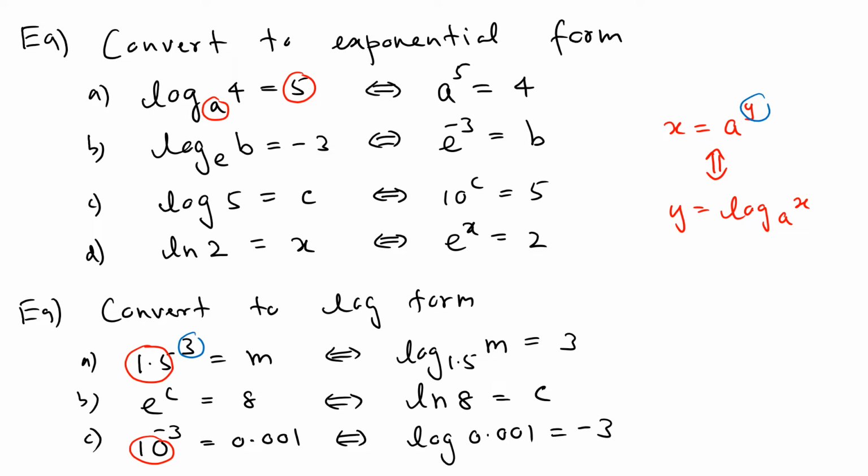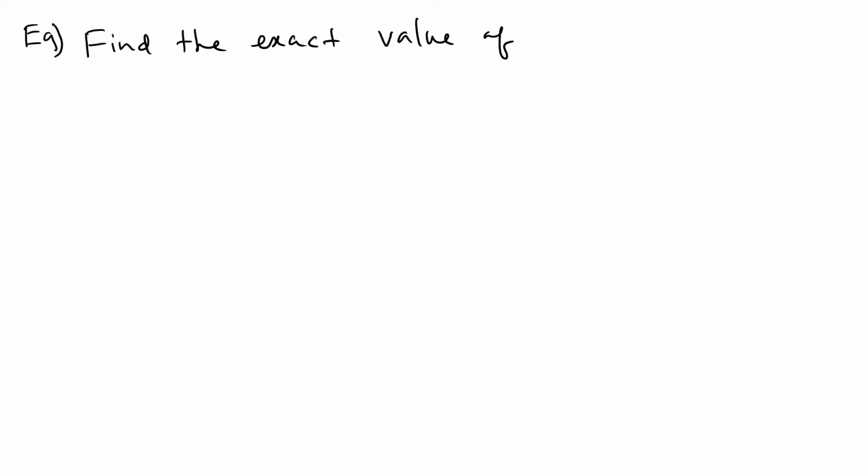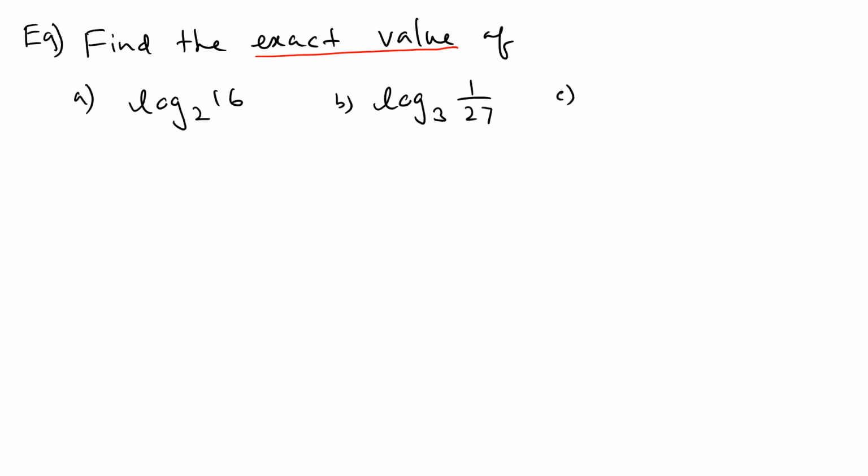Good. So let's look at a few special cases also. Find the exact value of these 4. The first one is log base 2 of 16, then b, log base 3 of 1 over 27, c, log base e of e to the negative 4, and d, log base a of 1.